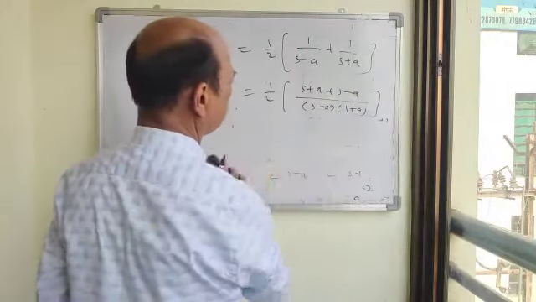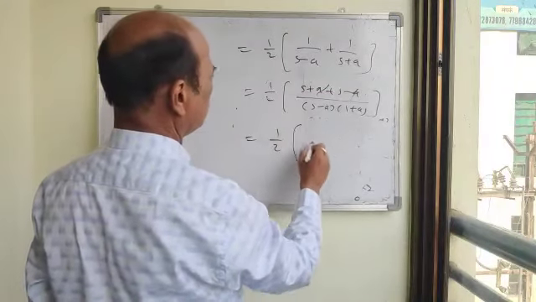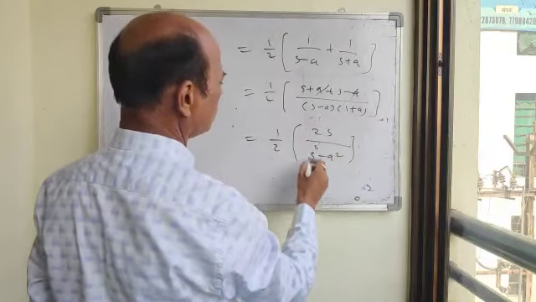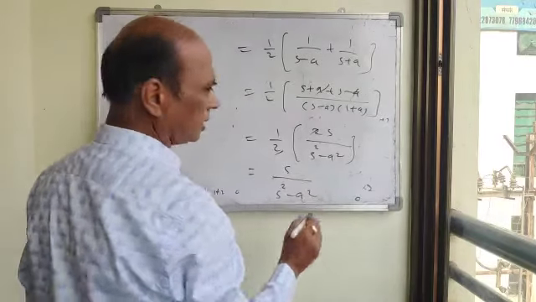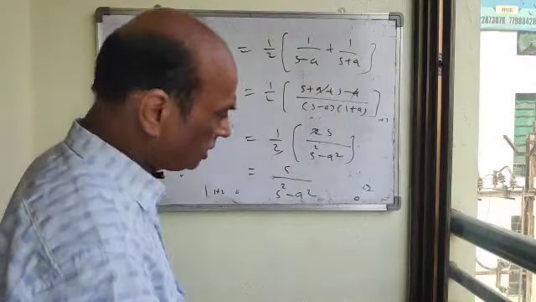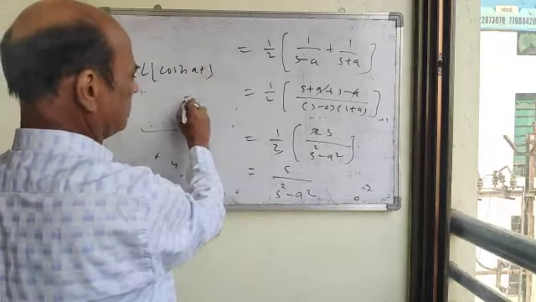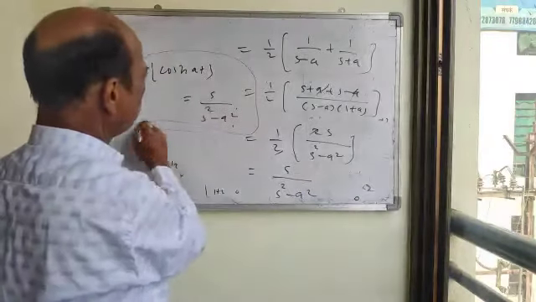The 2 cancels, so that is half into 2s upon s square minus a square, and the 2 cancels. So that is equal to s upon s square minus a square. So this is the Laplace transform of cosh at, and that is equal to s upon s square minus a square, and this is our formula.